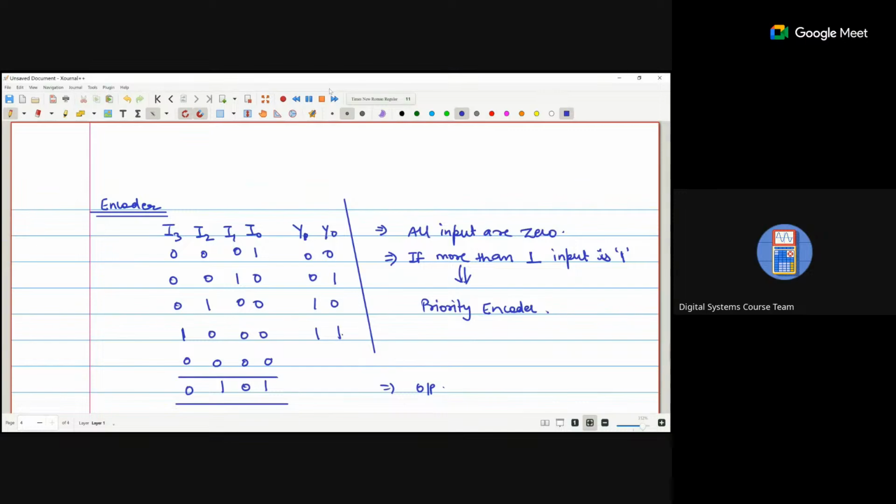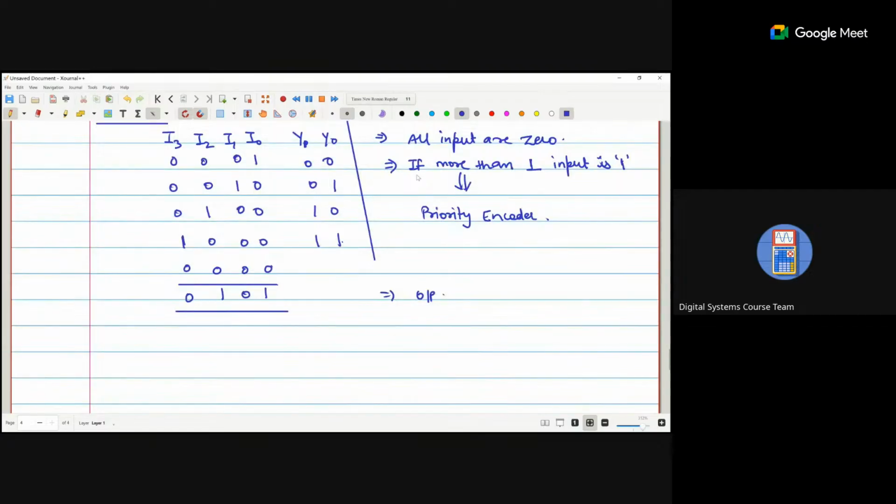And what does the priority encoder do? For example, I say that I0 is the highest priority, so priority will start from here to here. First it will check I0. If I0 is 0, it will move to I1.